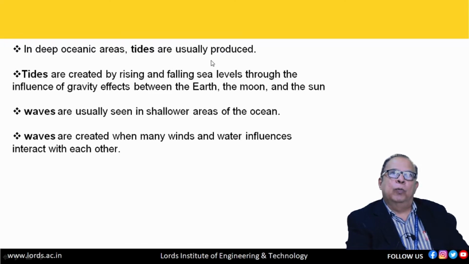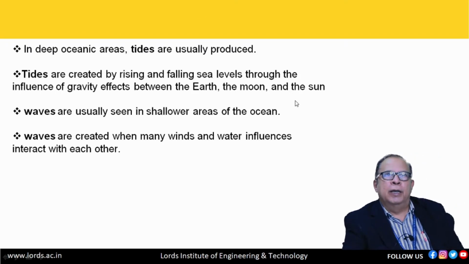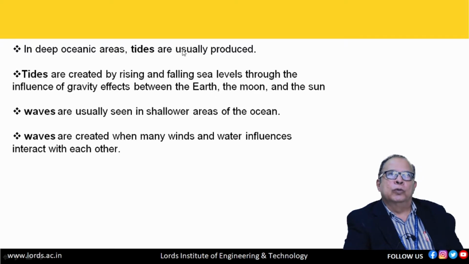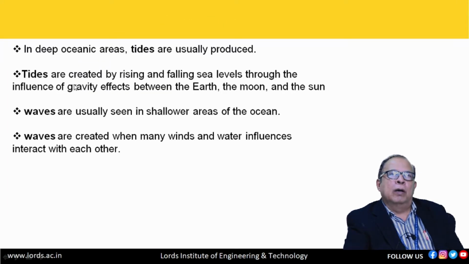How are tides created? Tides are created by rising and falling sea levels through the influence of gravity between the earth, moon and the sun. So these tides are produced because of the gravity effect between the earth, moon and the sun, right?